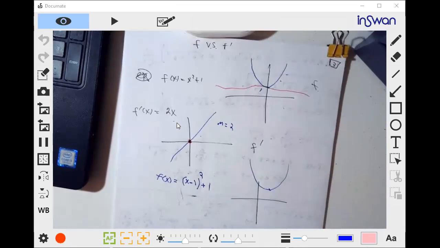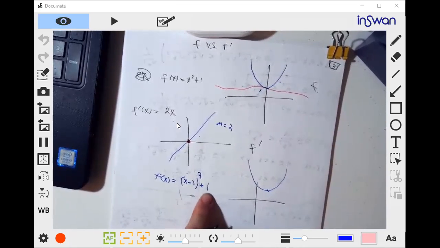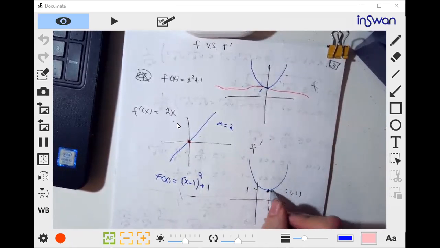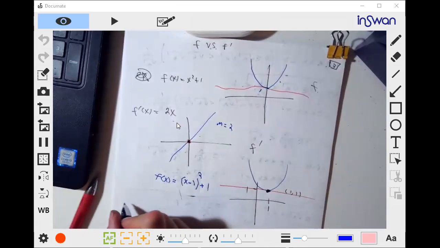So f of x is equal to the quantity x minus 1 squared plus 1. This is a horizontal shift to the right. This is a vertical shift up. That's our function right here. This is at 1, 1. That's where the parabola's vertex is. We'll notice that that's exactly where we're going to find this horizontal tangent when we do this mathematics.